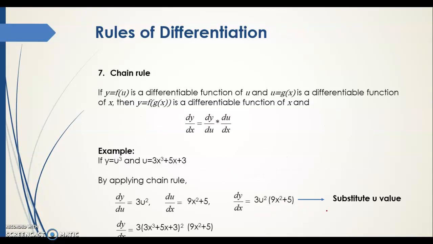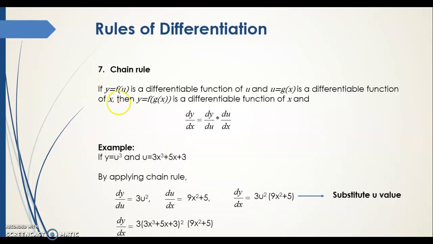The next important rule is the chain rule. This rule says that if y is given as a differentiable function of u, and u is given as a function g(x), which is also a differentiable function of x, then y, a function of g(x), is a differentiable function of x.